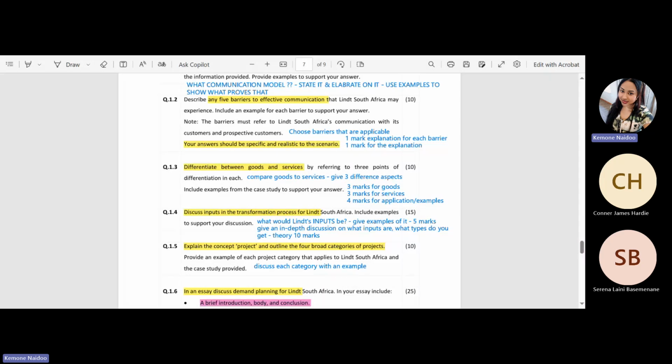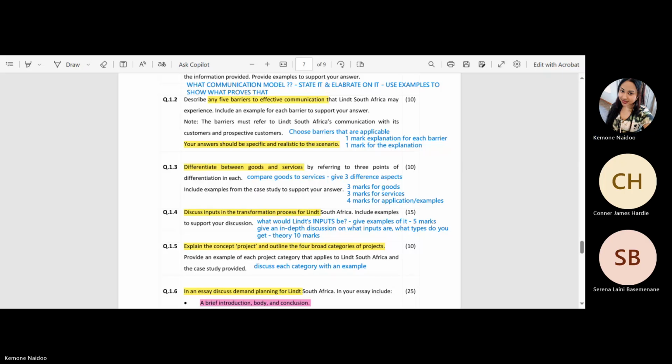That's the first thing you're going to do. You're going to describe each barrier. When it asks you to describe, remember what I said, you have to provide details. Okay, give an explanation, give insights, give a deep explanation of each barrier. And then we need to refer back to Lindt for an example.